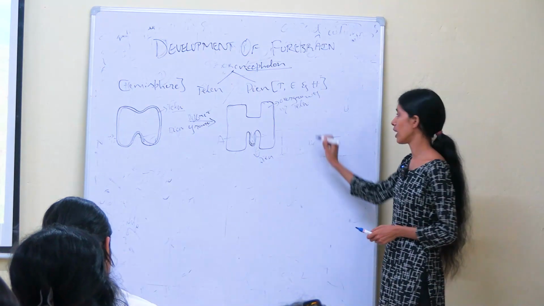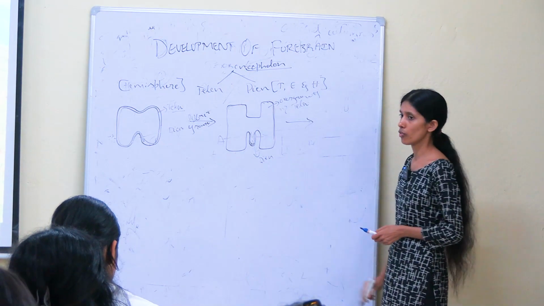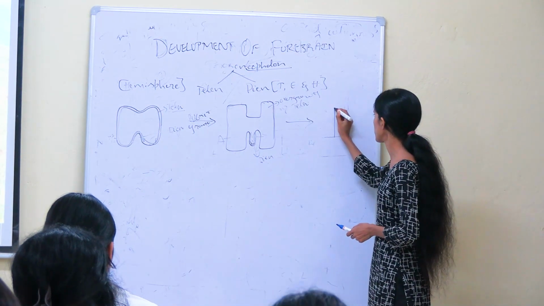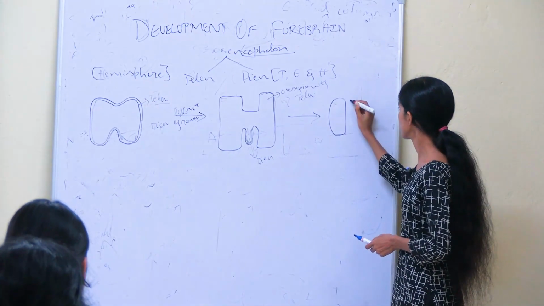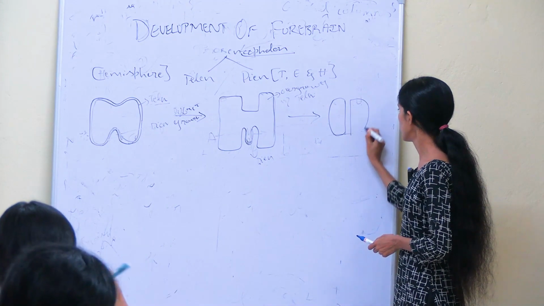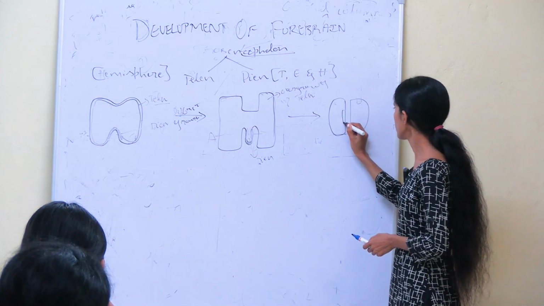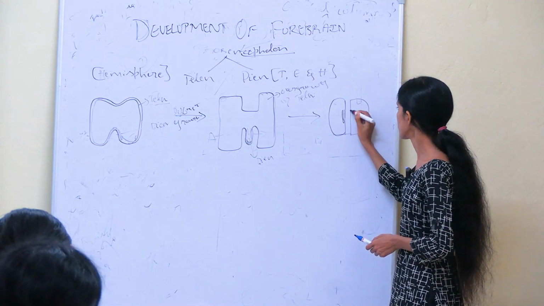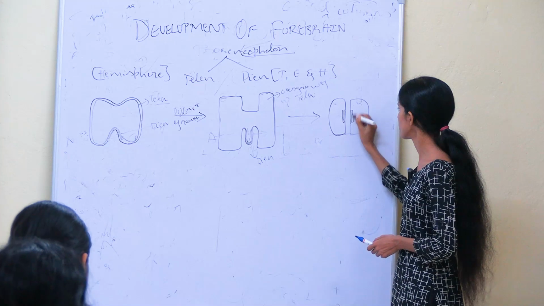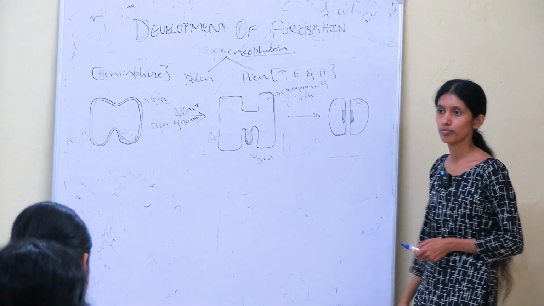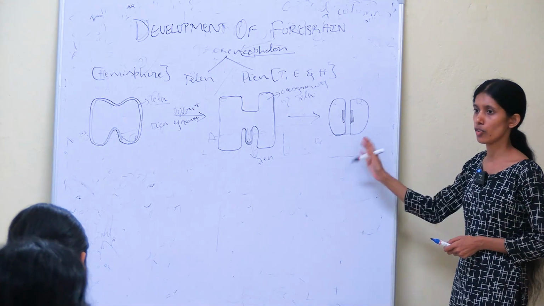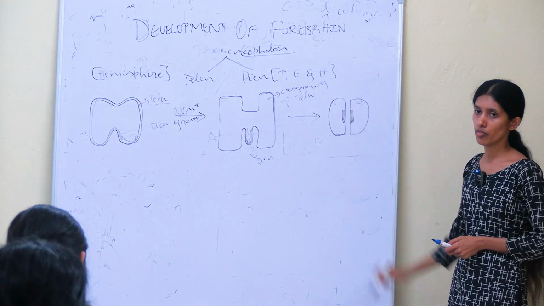When you see the adult structure, this is exactly how the cerebral hemispheres will appear. These are the 2 cerebral hemispheres, and here we can see the thalamus regions. This is how your adult structure will appear.